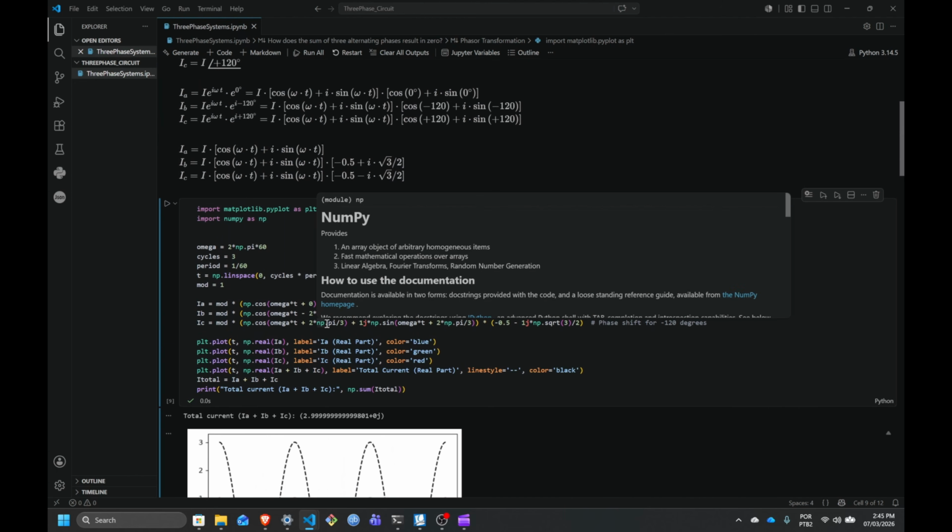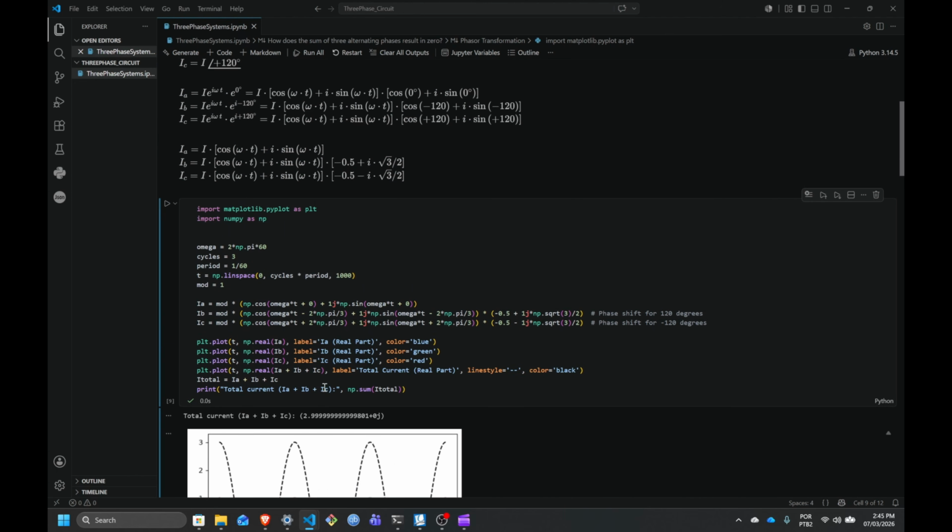Cosine omega t minus... yeah, I think I didn't have to put it this way because I separated them, so I made them wrong. Like me, you are seeing live action, so don't judge me. Here we don't need to put this one.